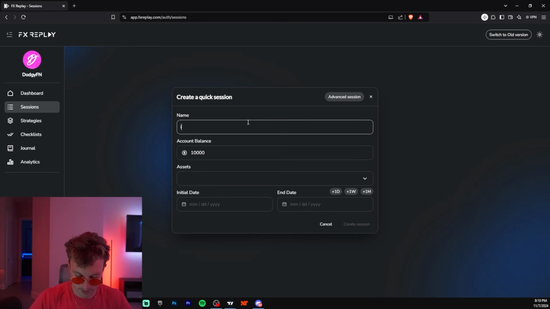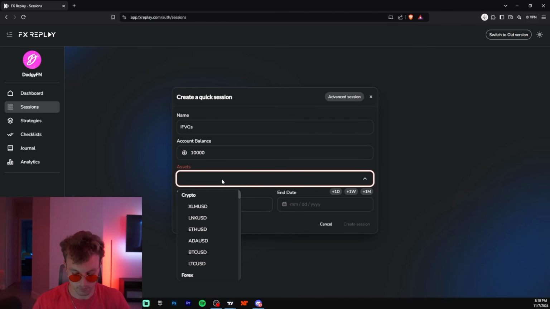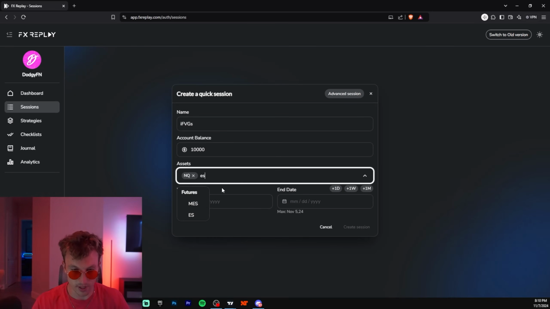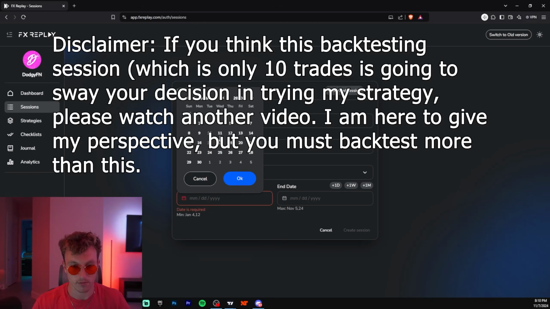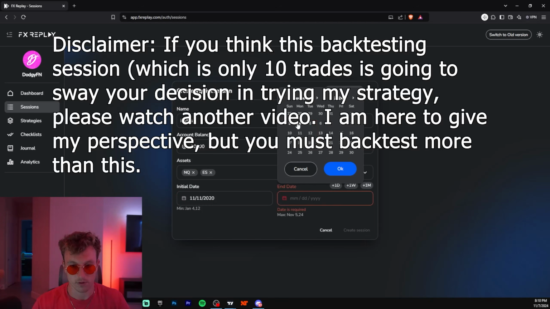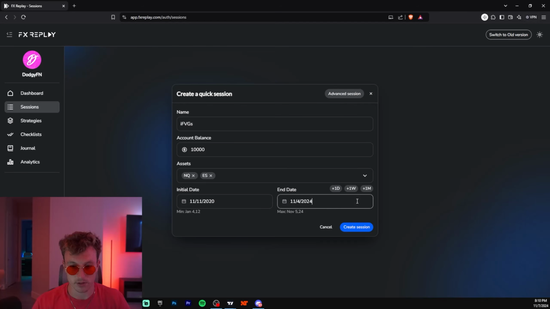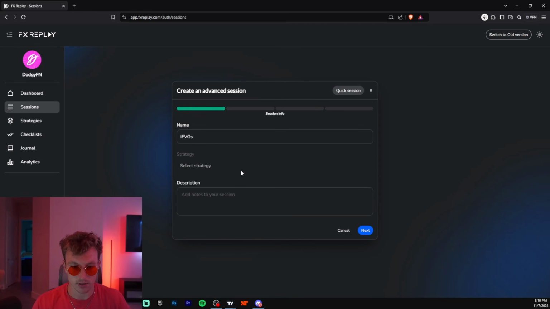Oh, I want to make sure NQ, yes, just so I can check for my SMTs. And then I want to go to advanced session, select strategy.